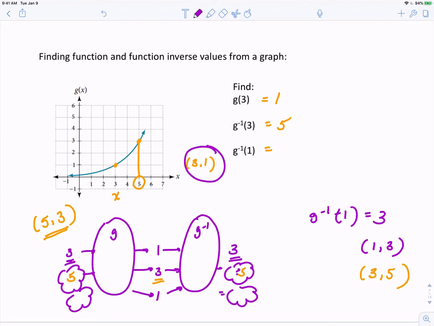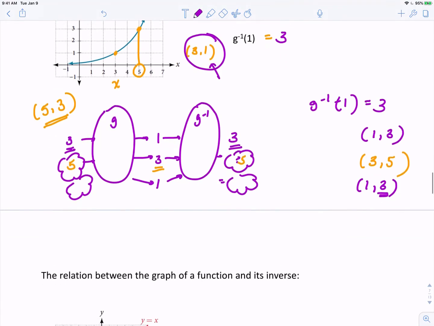We know that (3, 1) is a point on the graph of g of x, so (1, 3) will be a point on its inverse. So g inverse of 1 would be equal to 3.